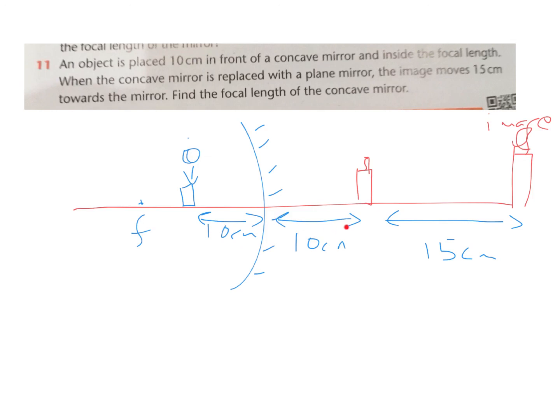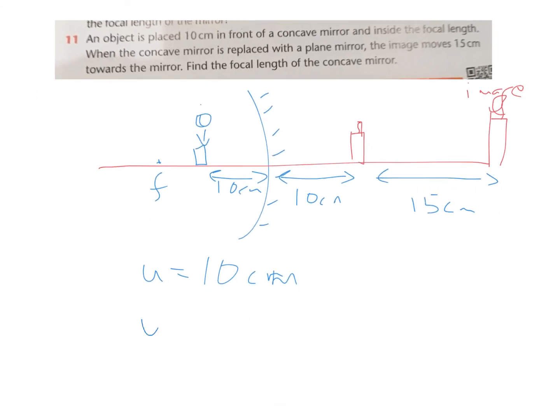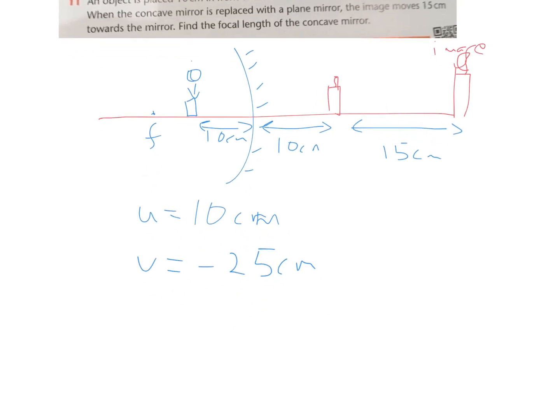Now, having drawn that diagram, I know that the object distance is still 10 centimeters, but I also know that the image distance is minus 25 centimeters. That's gotten by adding 10 and 15. Because the image is virtual, on the back side of the mirror, I'm going to use minus here. This side is plus, it's a minus if it's behind the mirror.